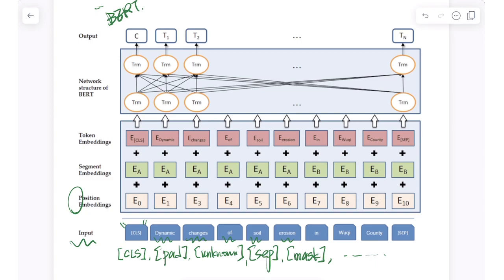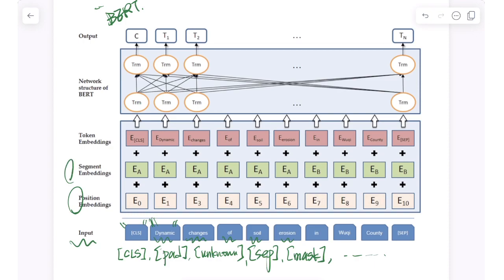By using positional embedding, we understand where this specific token, for example, is: at the end of a sentence, at the beginning of the sentence, or in the middle. We need such kind of information. Okay, so that is positional embedding.